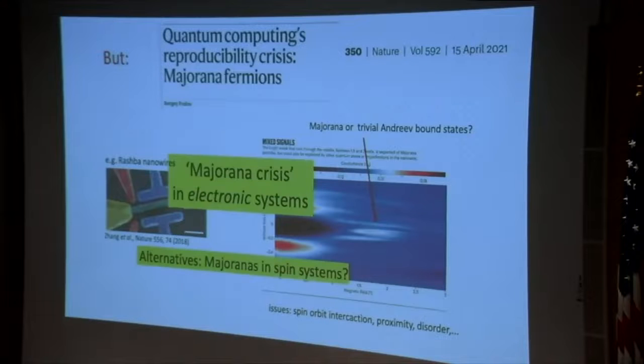So this might beg the question, should we reconsider platforms, go to other platforms? Of course, there are many platforms which have been proposed, and some of them are based on spins. We think there's quite some potential also in these spins, given the current situation in electronic systems.